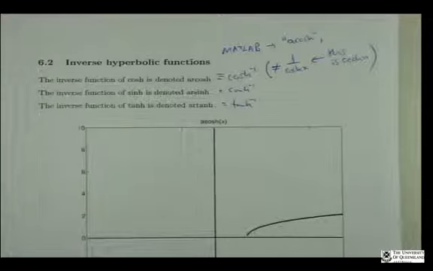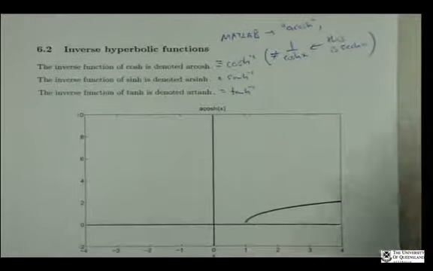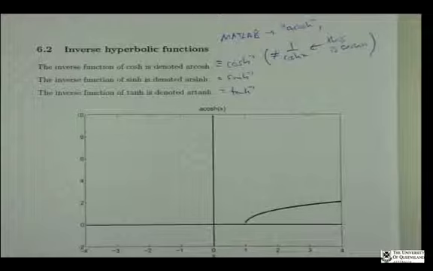We'll have a look at the graph of cosh here. We know the domain is all real numbers, but the range is only all real numbers greater than or equal to 1. In order to define the inverse function, we're going to have to restrict the domain of cosh to make it an invertible function.